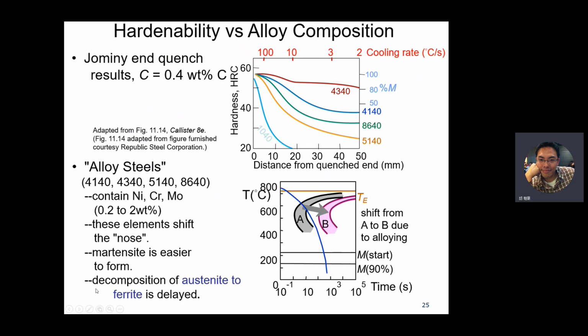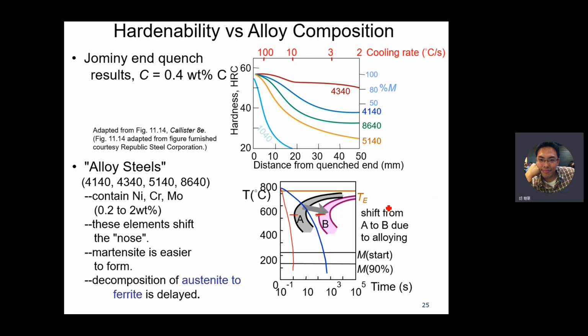The nose shifted, right? The nose of the A curve was right here, and it shifts to here. But what does that mean? That means martensite is easier to form, because the nose shifts. For the A curve, the cooling curve should be like this to form martensite, because this cooling curve cannot touch the nose.